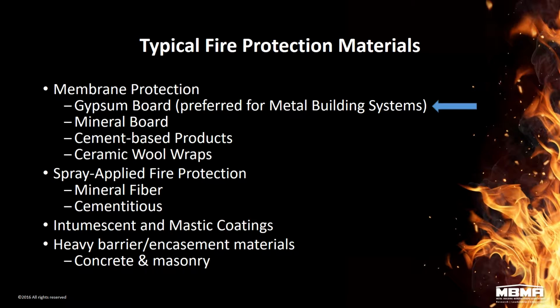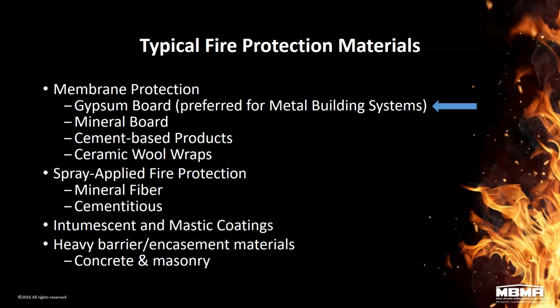And also, in addition to being fire protection material, gypsum board is an architectural finish product, so you get the nice finished look as well as the fire protection with gypsum board.